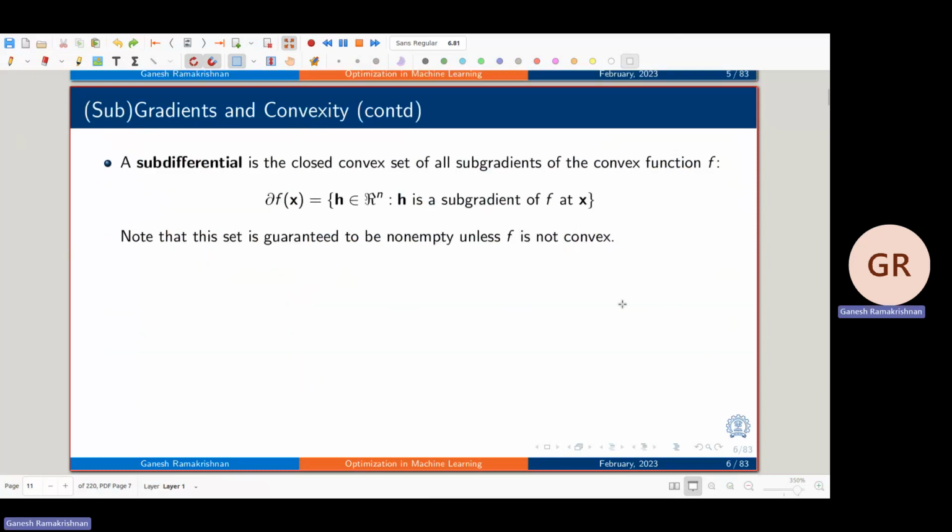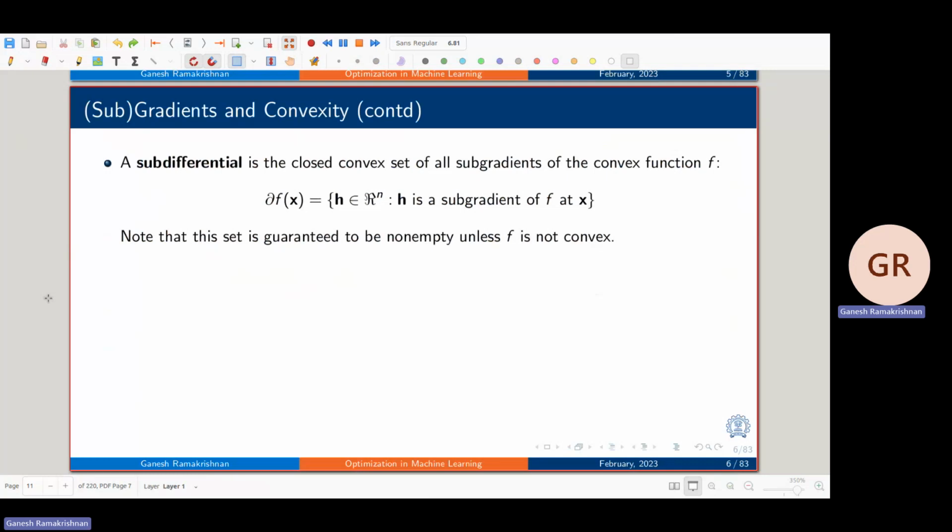Now let's look at subgradients and convexity in a little more detail. As I said, there's a notion of subdifferential, which is just the space of all subgradients.